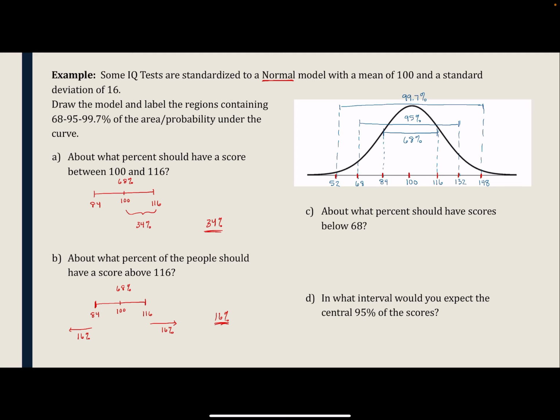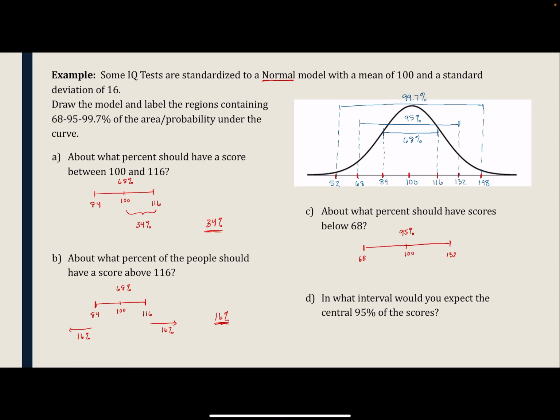For part C, it says about what percent should have scores below 68. So we can do something similar here, but notice that 68 is part of the 95% part of the empirical rule. So I know that if I go from 68 to 132, 95% of the data is between these two values, with 100 directly in the middle, leaving me with 5% of the data left over.